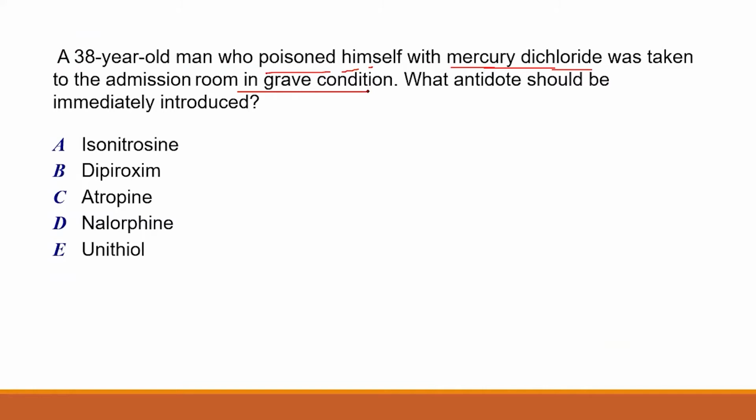And the antidote, not just for mercury, but for arsenic, for gold, for lead, basically for metals, we normally use unitiol. So in a question, when this person was abused or is working with, how do you call it?